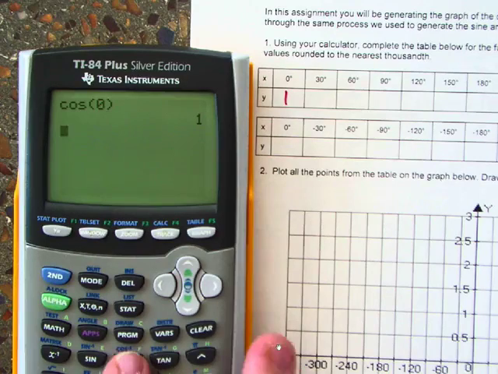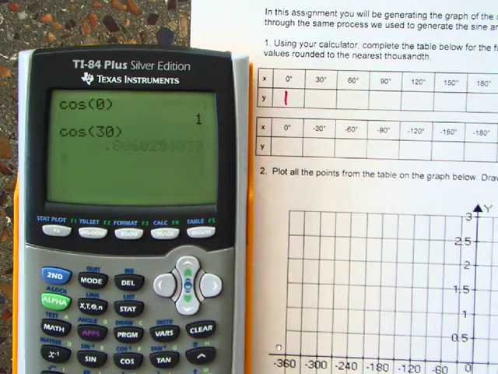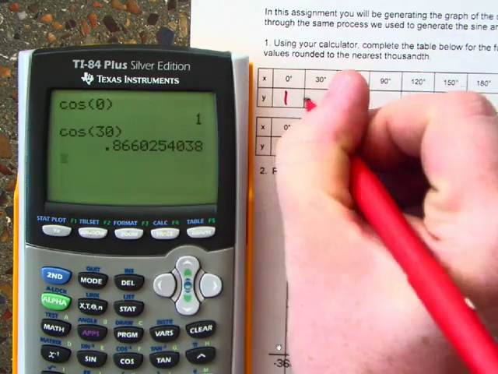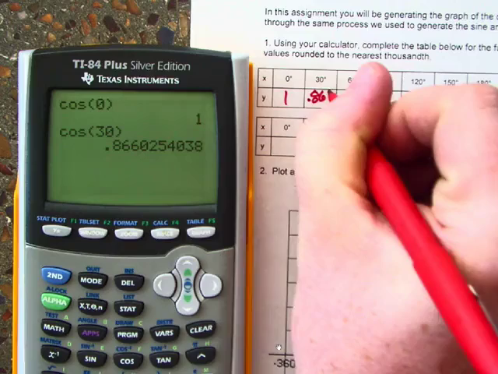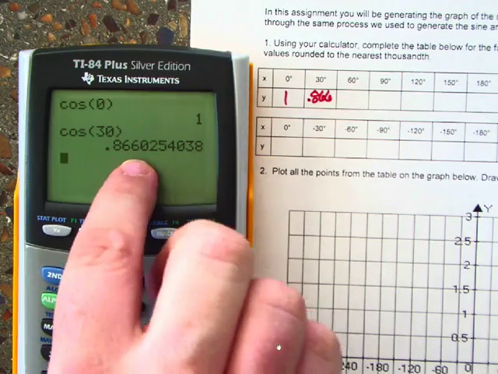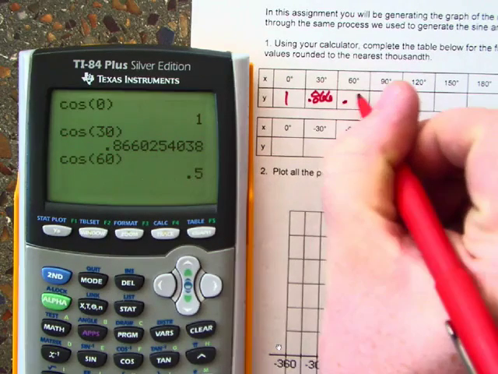And then cosine 30 degrees gives me 0.866. I'm going to go out to 3 decimal places because it ends there, and that's just fine with me. So we keep going, and we have cosine 60 degrees, and that's 0.5.